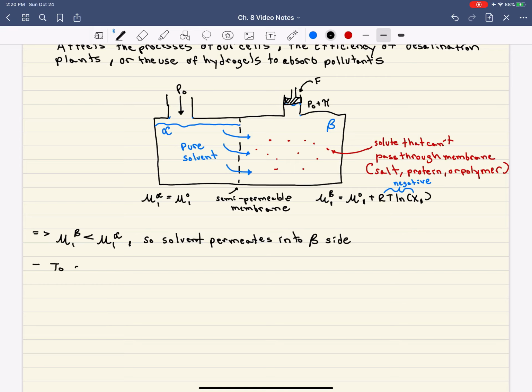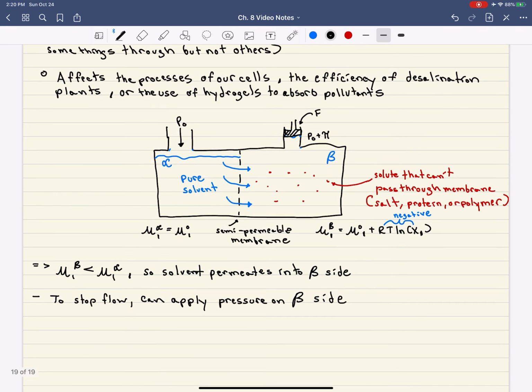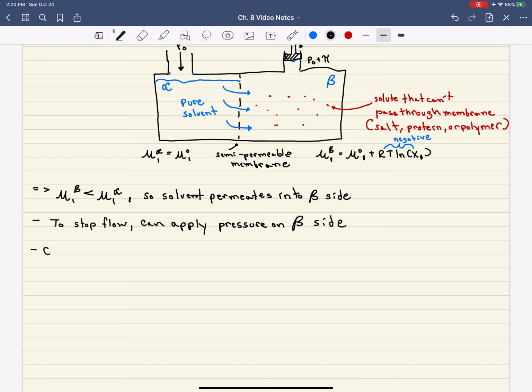So to stop flow, we can apply pressure on the beta side. Okay? All right, and so this new pressure, or this pressure differential between the original atmospheric pressure and our new pressure, is this pi value. Okay? And that's what we refer to as osmotic pressure.